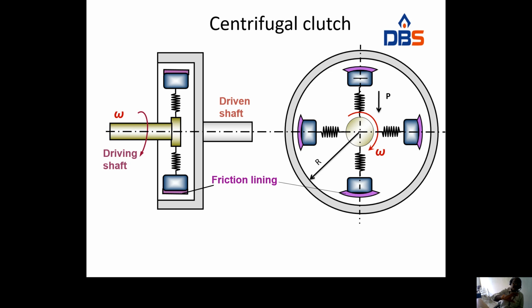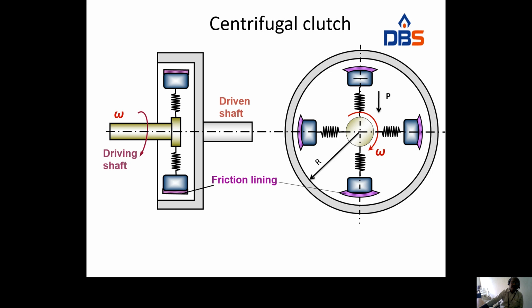When the speed of the driving shaft increases, the centrifugal force increases. When the centrifugal force increases, these friction linings move towards the driven shaft and engage.